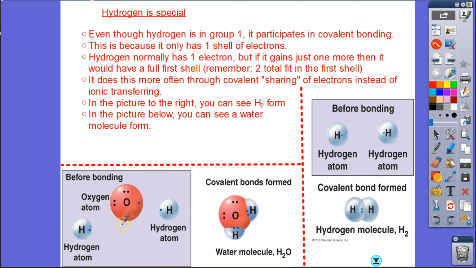On the left, we kind of drew this in the dot diagram. Oxygen meets hydrogen. Oxygen has 2 electrons available for bonding. Hydrogen has 1. So they stick together and form that covalent molecule, water. Hydrogen itself, when you find it in nature, is actually a molecule of one hydrogen atom covalently bonded to another hydrogen atom.